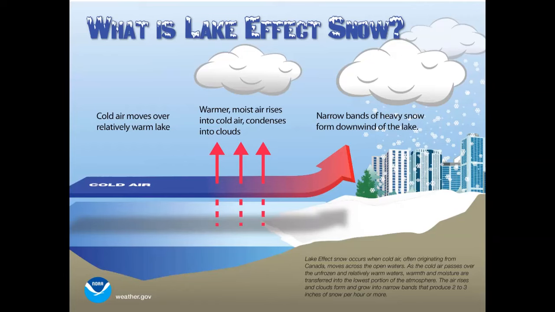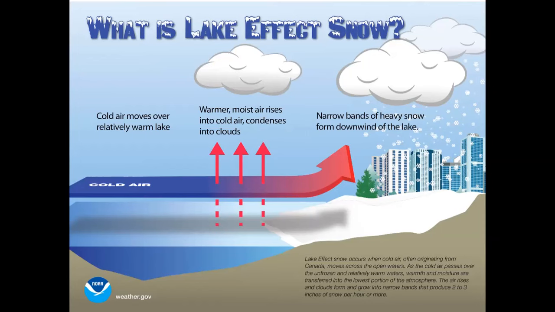The warm water causes extreme rates of evaporation, which builds clouds. Then as soon as these clouds move off the lake, they cool down so quickly that they almost instantly dump all that moisture, and you get some really significant snowfalls.